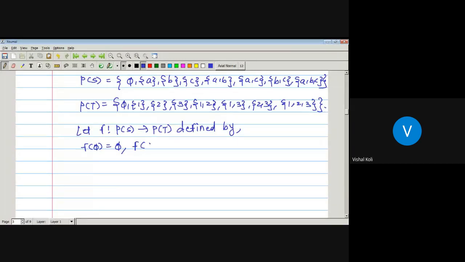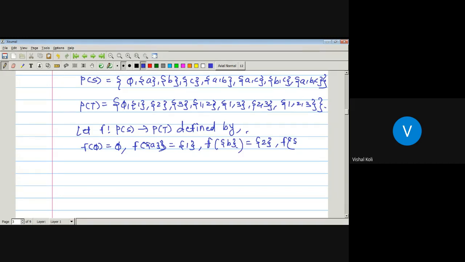What is f of singleton A, which is singleton 1? F of singleton B can be taken as singleton 2. F of, sorry, here let us take just a bracket.